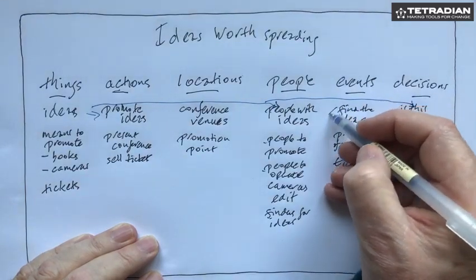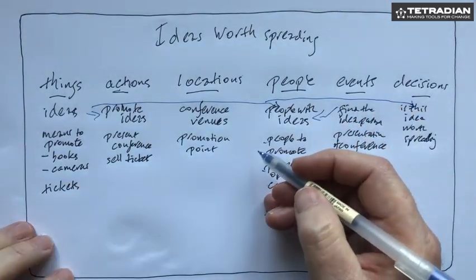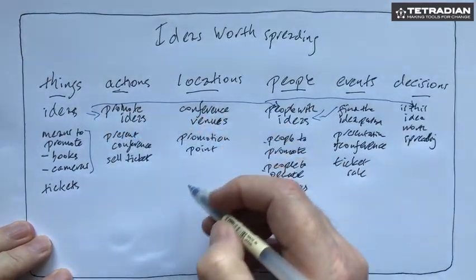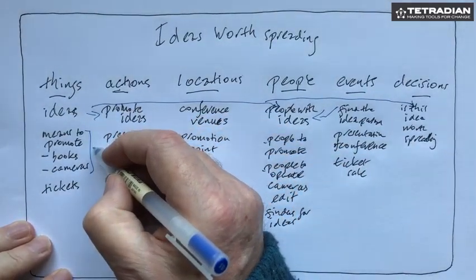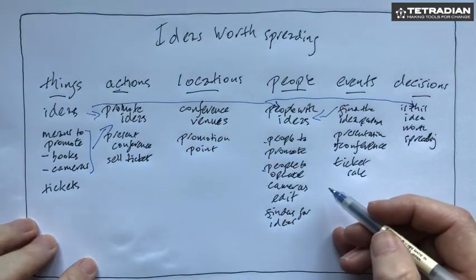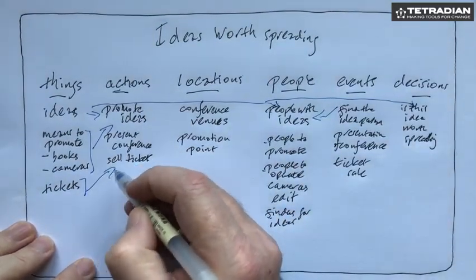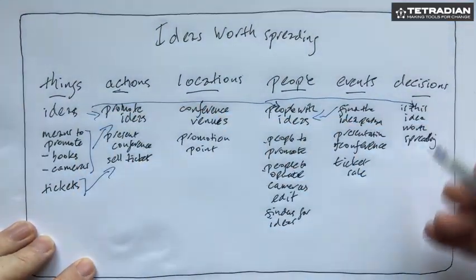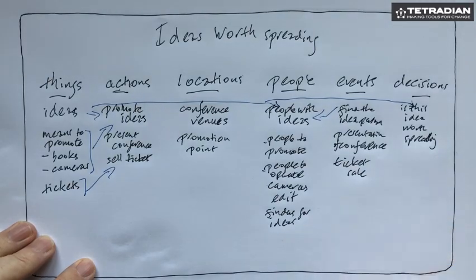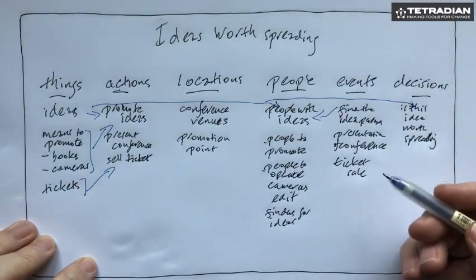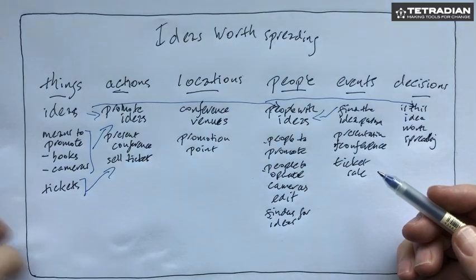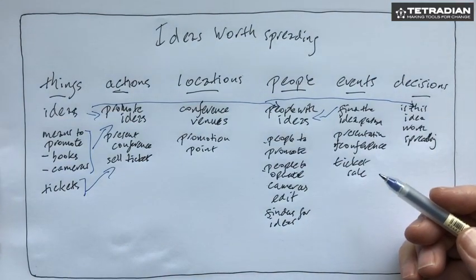We've got to find the idea person. We've got the means of promotion, which is to promote the ideas. We've got a connection here, so we're connecting the things to the actions, to the events, to the decisions, and so on. So we've mapped out the core content of the enterprise as a whole.